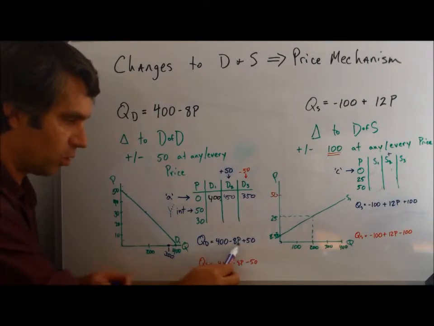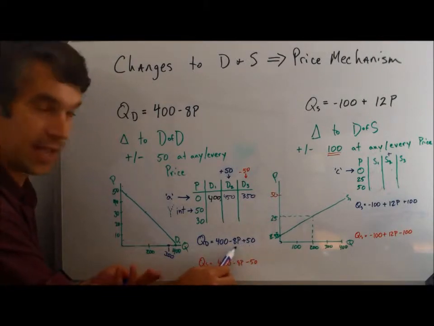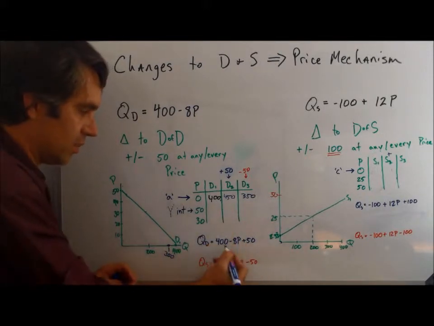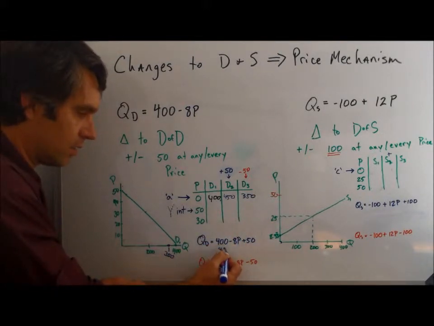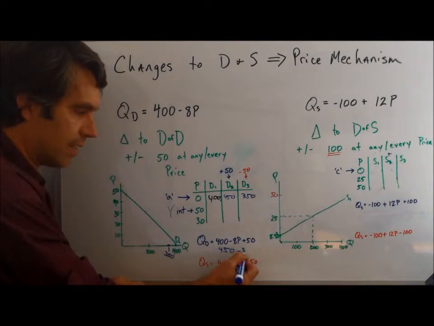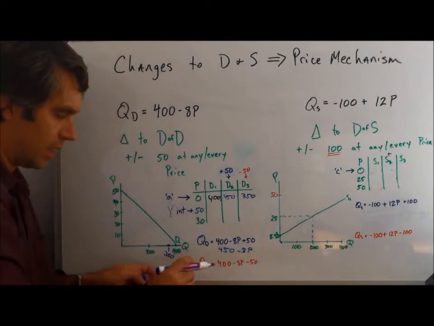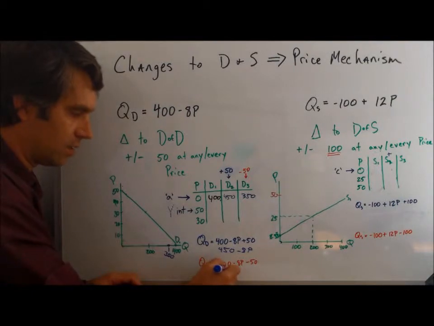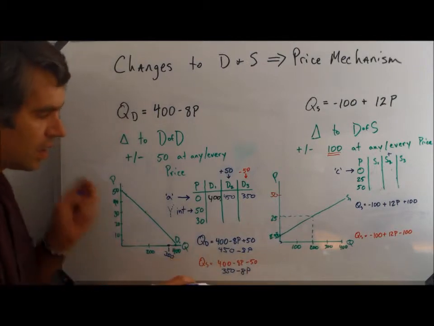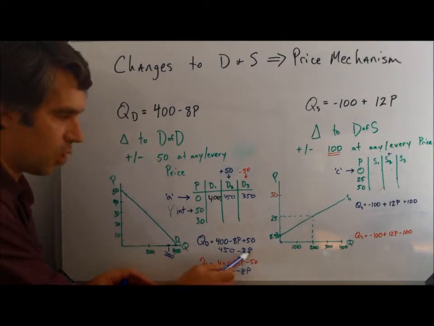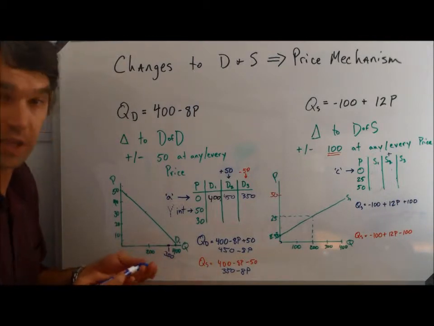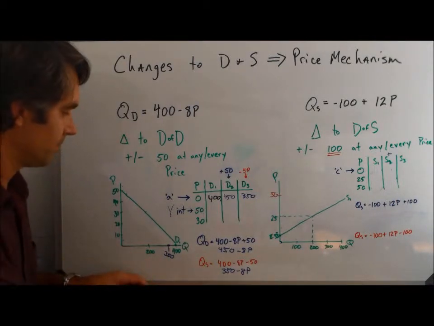So of course, 50 can't be added to 8p, but it can be added to 400, so this becomes 450 minus 8p. Our second example becomes 350 minus 8p. Notice in both examples that the coefficient of p, that is 8, remains unchanged. Nothing at all happens to it.